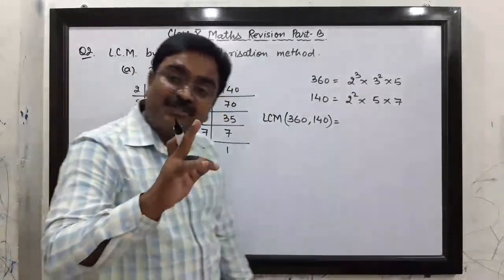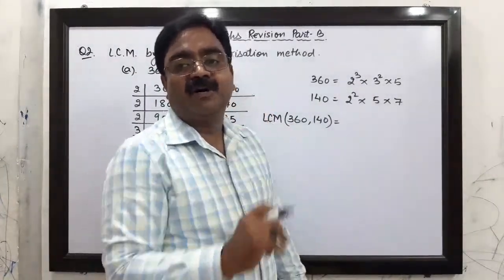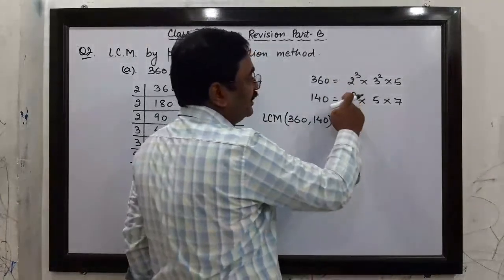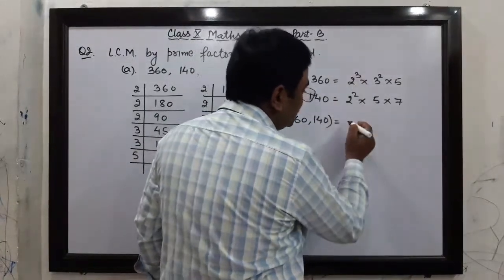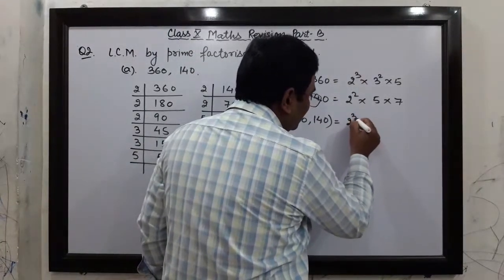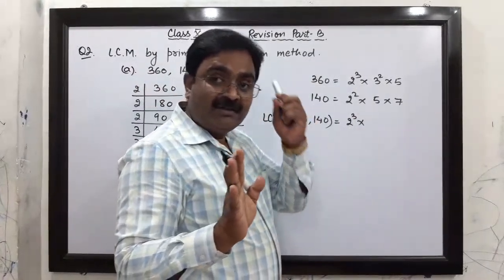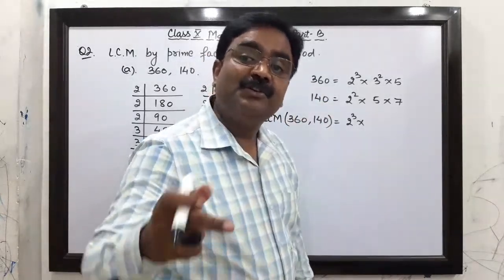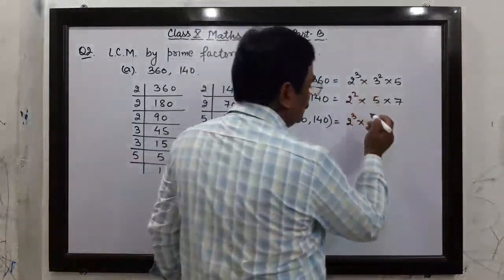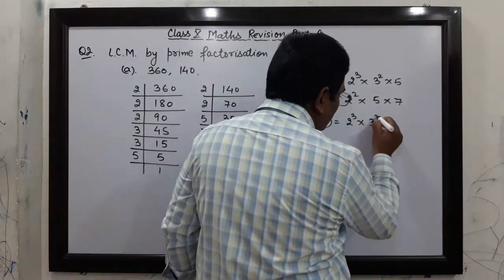The thing which is common, take the highest power of this. Like 2 is common and the highest power of 2 is 2 raised to 3, multiplied by, now 3 is not common, so you have to take the thing which is not common also. So 3 raised to 2 also.